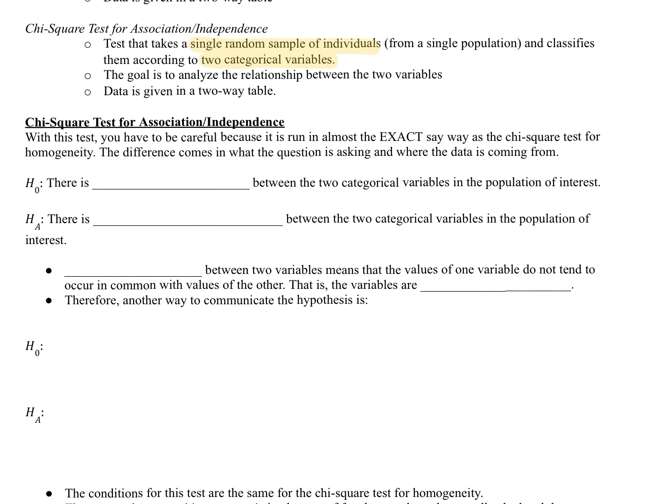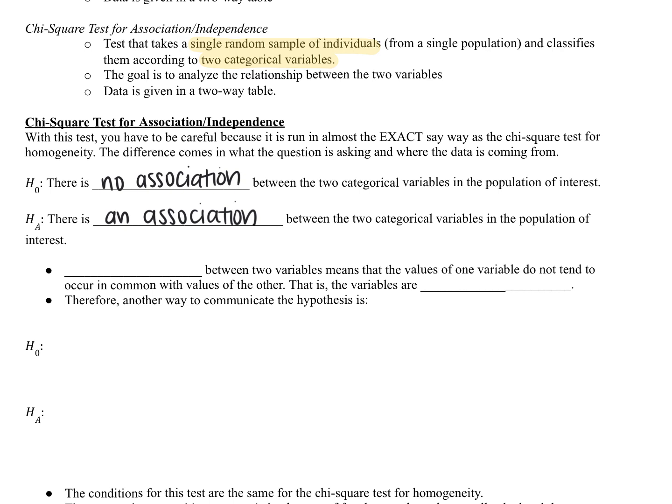So when we're performing this test, you have to be careful because it's run in almost the exact way as the chi-square test for homogeneity, and the difference comes in what the question is asking and where the data is coming from. So our null hypothesis is that there is no association between the two categorical variables in the population of interest, and our alternative hypothesis is that there is an association between the two categorical variables in the population of interest.